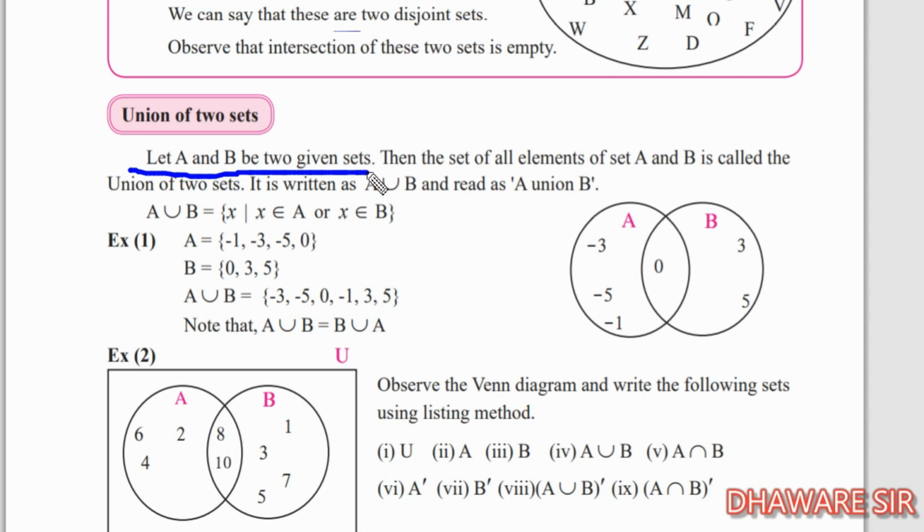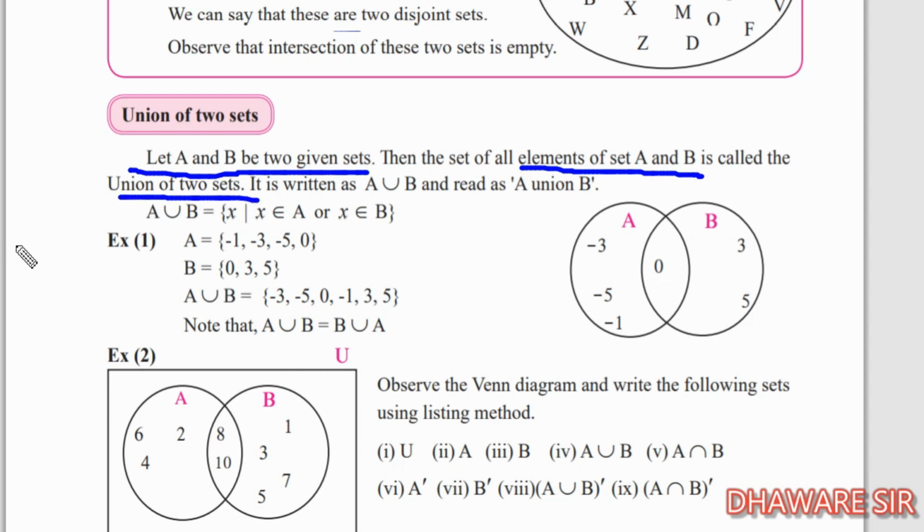In the intersection of sets, there are common elements. In disjoint sets, there are no common elements. And in the union of sets, all the elements of sets A and B together are called the union of the two sets.